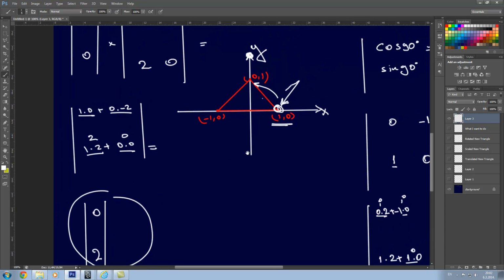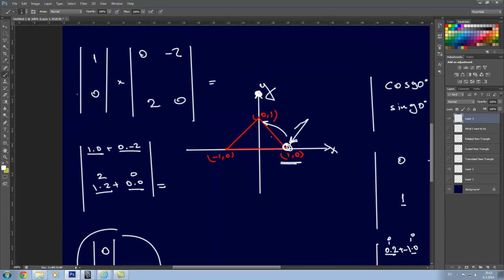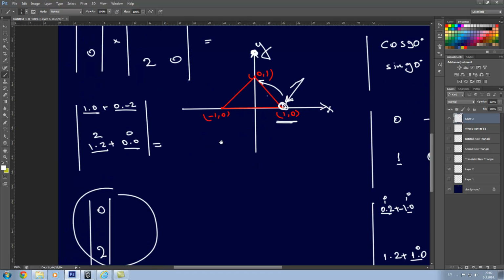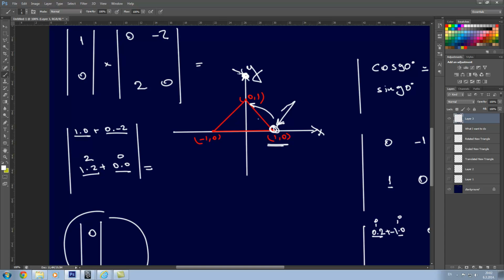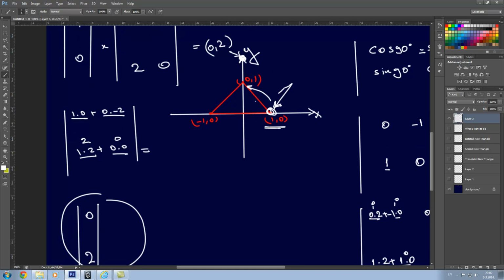So our new position, when I multiplied this simple vector by our merged complicated matrix which we made up, we ended up with a point that is at 0 on x and 2 on y. So we have successfully scaled and rotated a point all in one operation, all in one step.